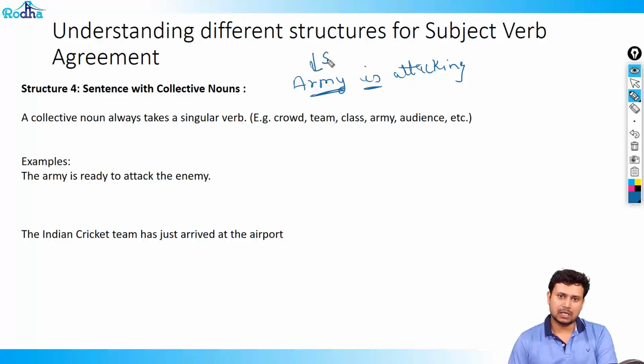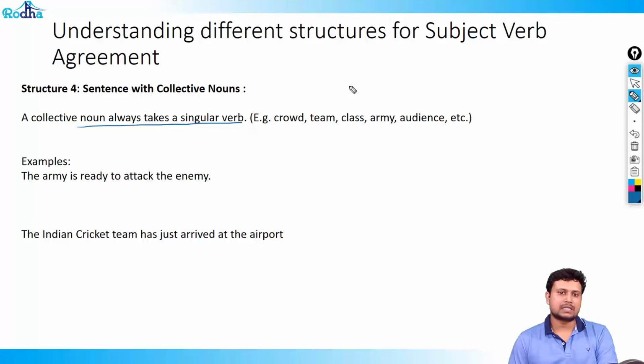So this is a singular subject, which will take a singular verb. The logic we want to focus on is that a collective noun always takes a singular verb. Just remember that anything which is plural is not a collective noun. Collective nouns refer to collections. Examples are words like crowd, team, class, army, committee, audience, and so on.